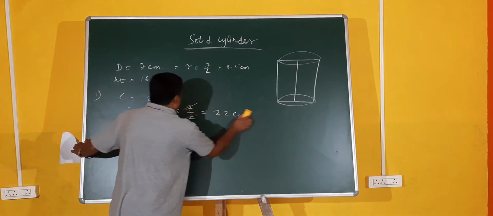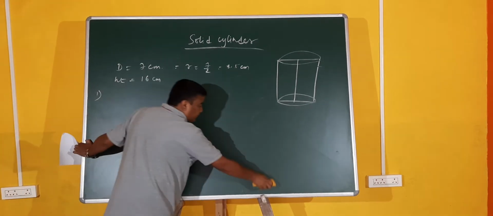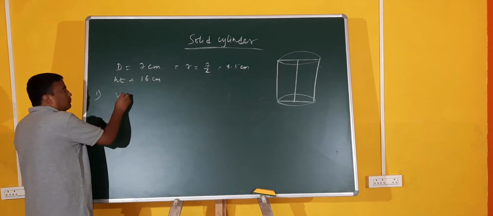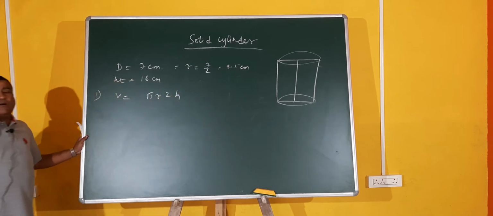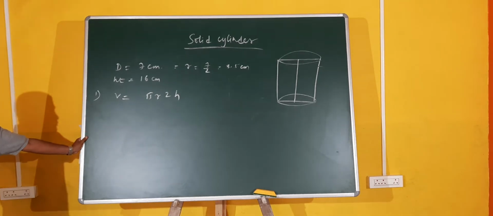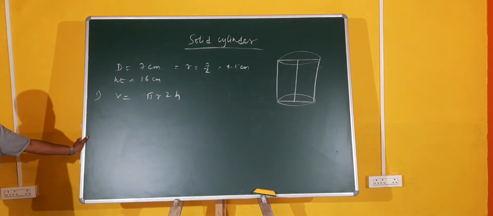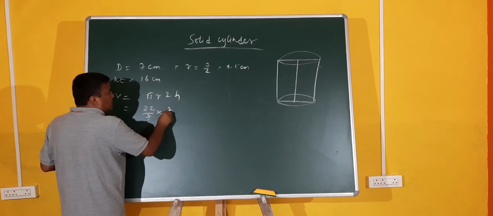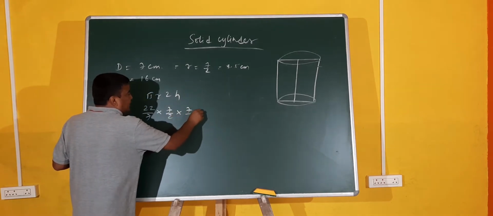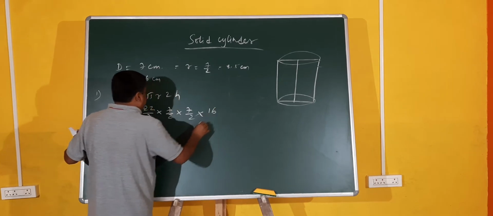The third question is volume. Formula is pi r square h. This is a formula based chapter. Please learn the formula and you have to improve calculation. 22 by 7 into 7 by 2 into 7 by 2 into 16.